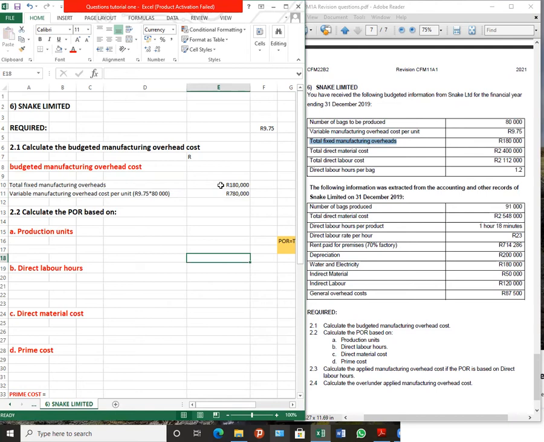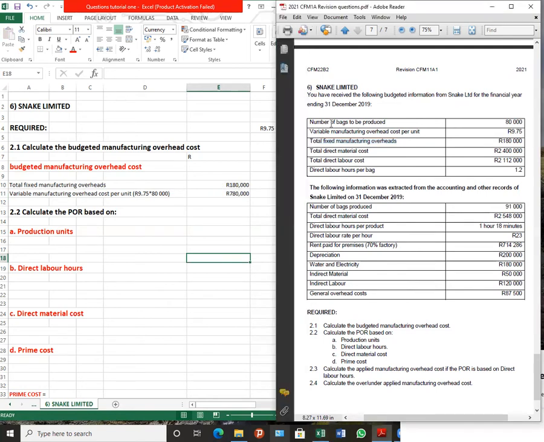And to get our total variable cost, we take this 9 rand per unit. How many units did we budget to produce? 80,000.